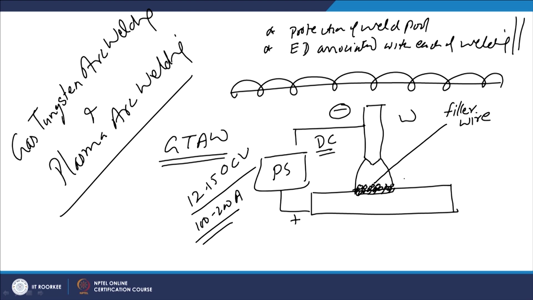Since the electrode is non-consumable and the filler wire is fed into the arc zone, which is at quite a high temperature, like 5000 to 10,000 degrees centigrade, the temperature is usually higher than what is normally observed in shielded metal arc welding or gas metal arc welding processes.